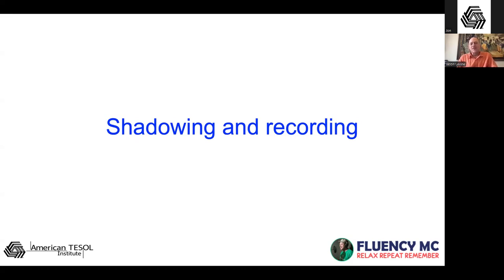But anyway, you're looking for things that have functional language in them, and you get students at home outside of class to watch the first time, understand it, make sure they understand what it is, and then after they do that, asking them to pause, repeat, try to pronounce it the way that they're hearing from the recording.